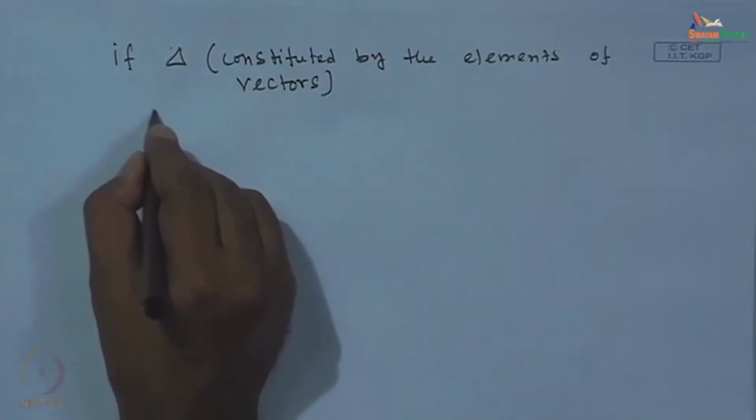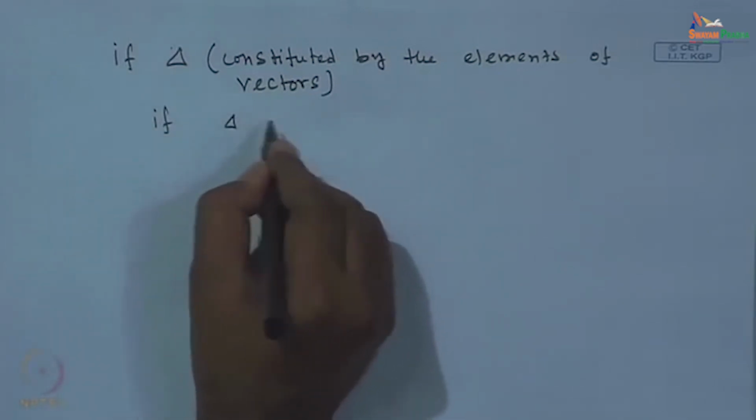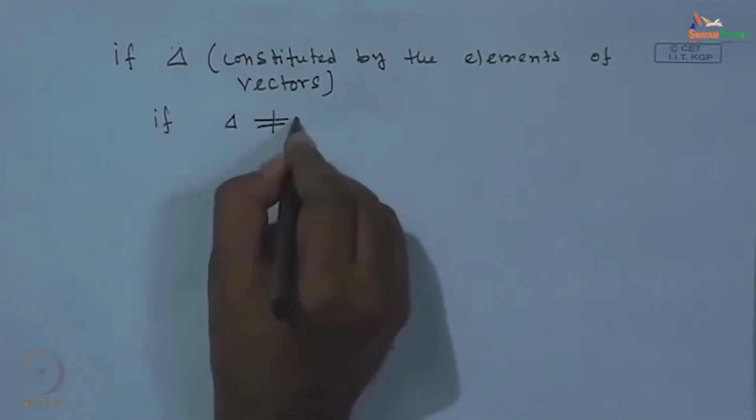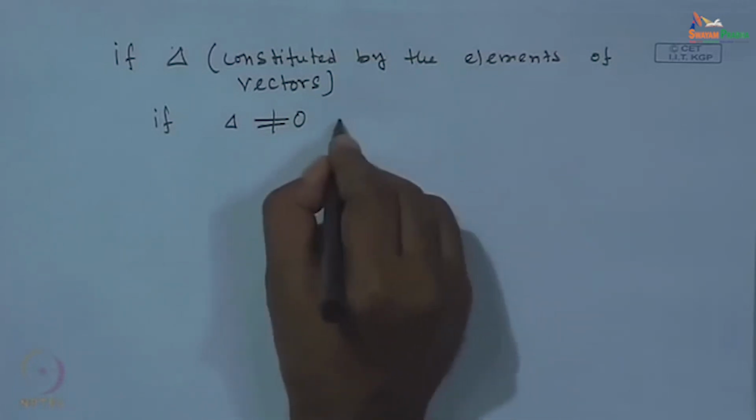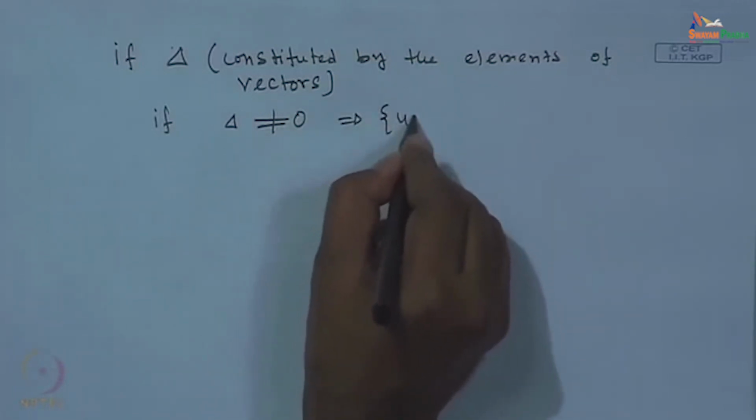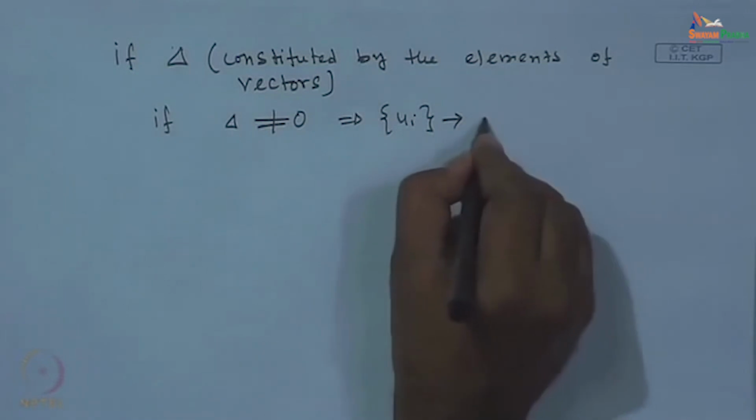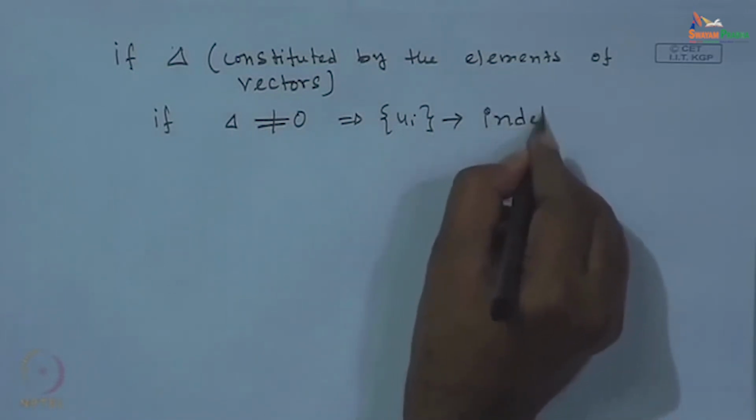Now, if the determinant is not equal to 0, then the vectors constitute an independent set.